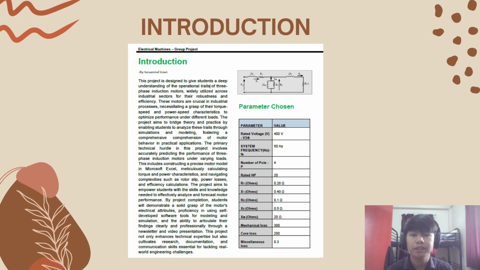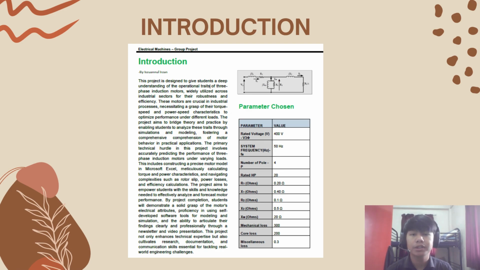Today we would like to present regarding the characteristic of three-phase induction motor. This project is designed to give students a deep understanding of the operational traits of three-phase induction motors that are widely utilized across industrial sectors for their robustness and efficiency.